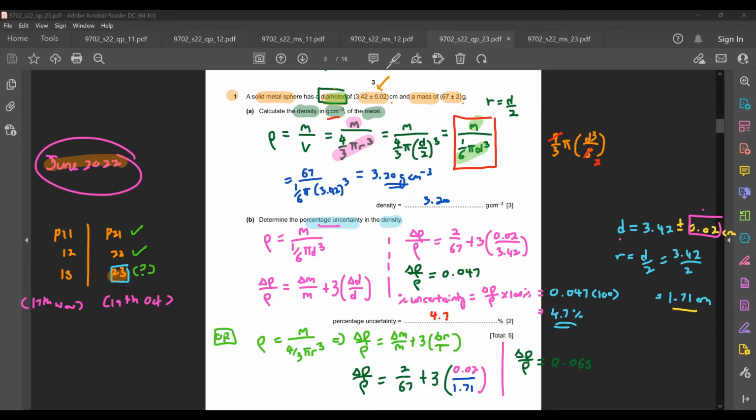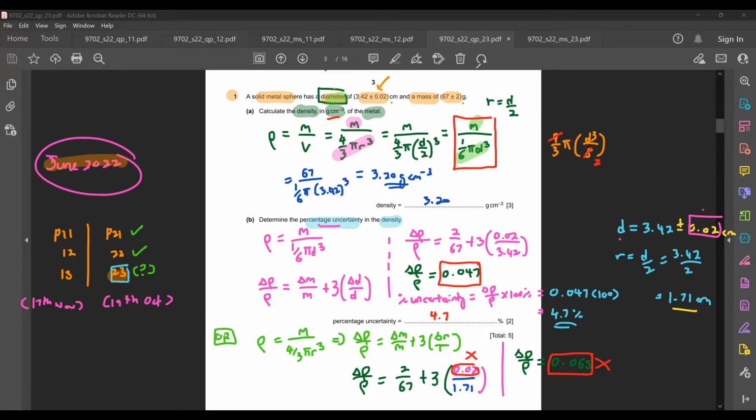The correct answer was that your fractional uncertainty should have been 0.047, but now you're getting 0.065. This is actually not correct. The one that is wrong here is this. You should not have used the absolute uncertainty for diameter for your radius.